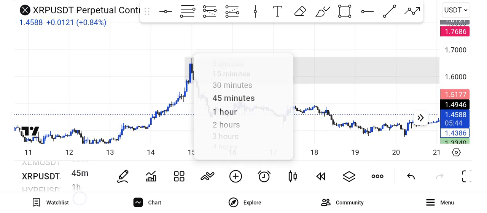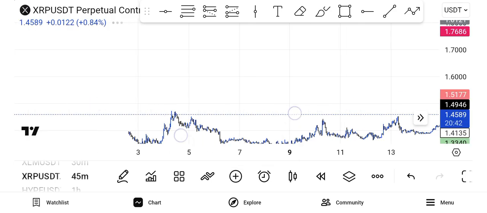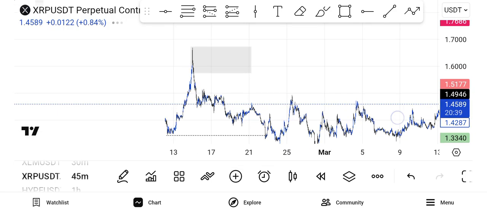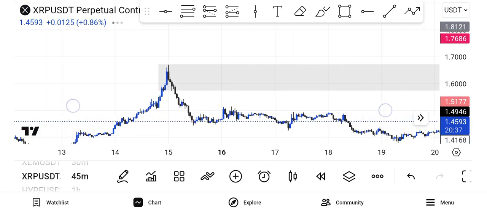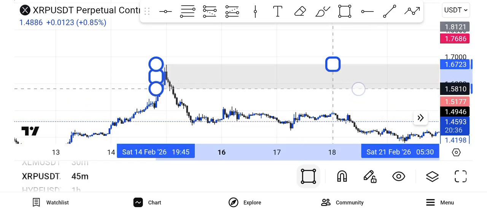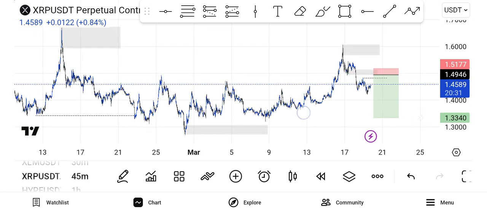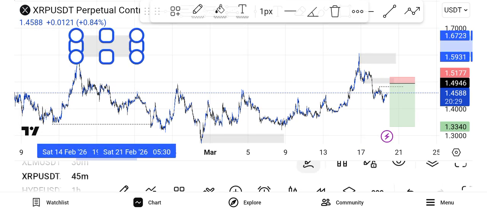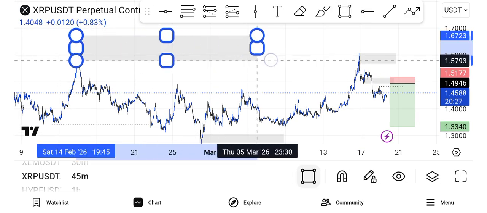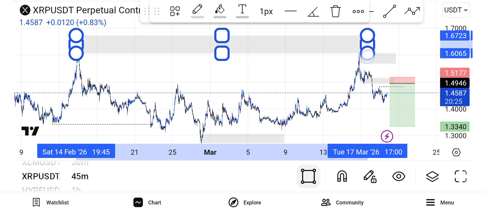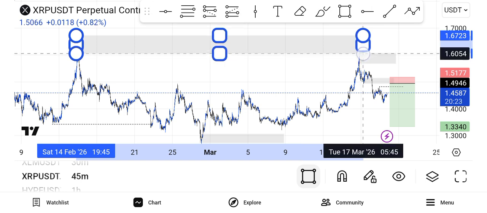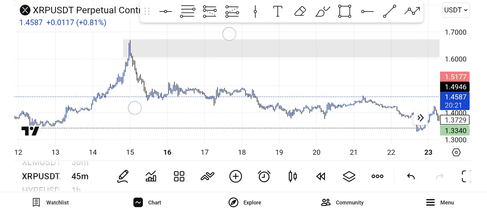Let me mark it out on the 45 minutes. So on the 45 minutes, this is it, around this point. Now, that is the unmitigated order block, resting right there in the 45 minute zone.